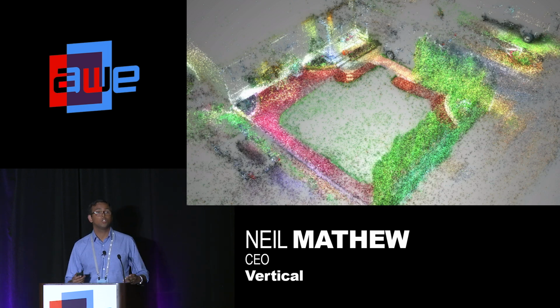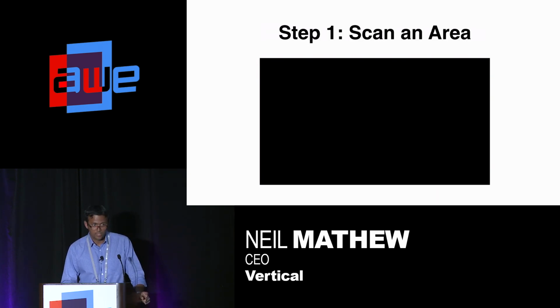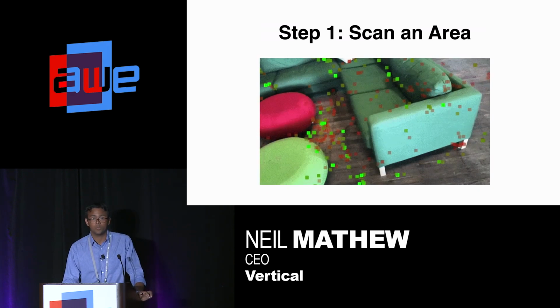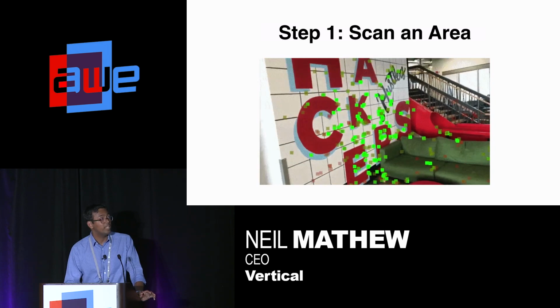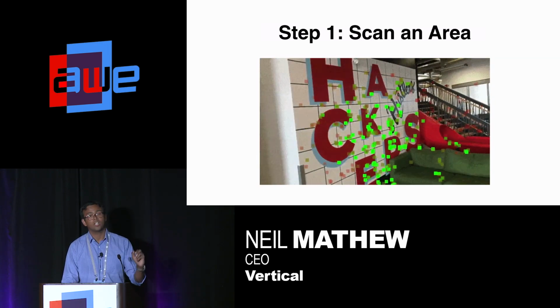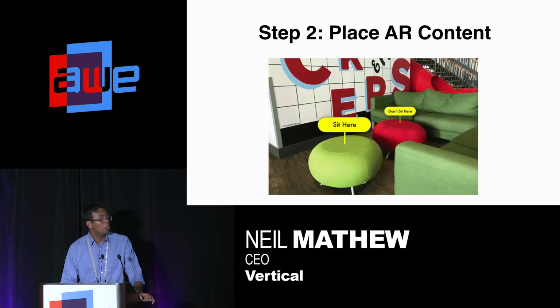The way you actually incorporate the real world is fairly simple. The way we do it is essentially scan any physical space. If you see the green points, what that really shows is what's happening under the hood. We can essentially scan a physical space and turn it into special markers that represent that space. And after that space is mapped, all you need to do is add AR content to it.